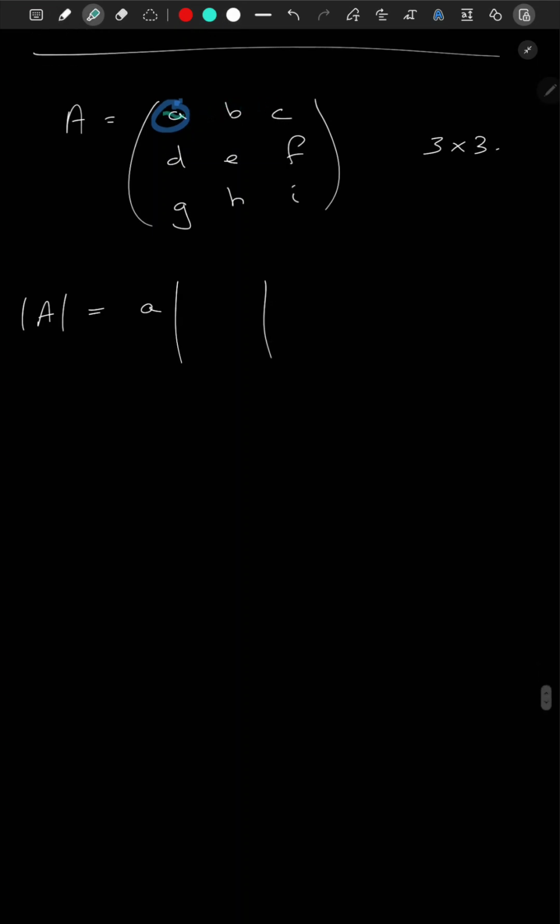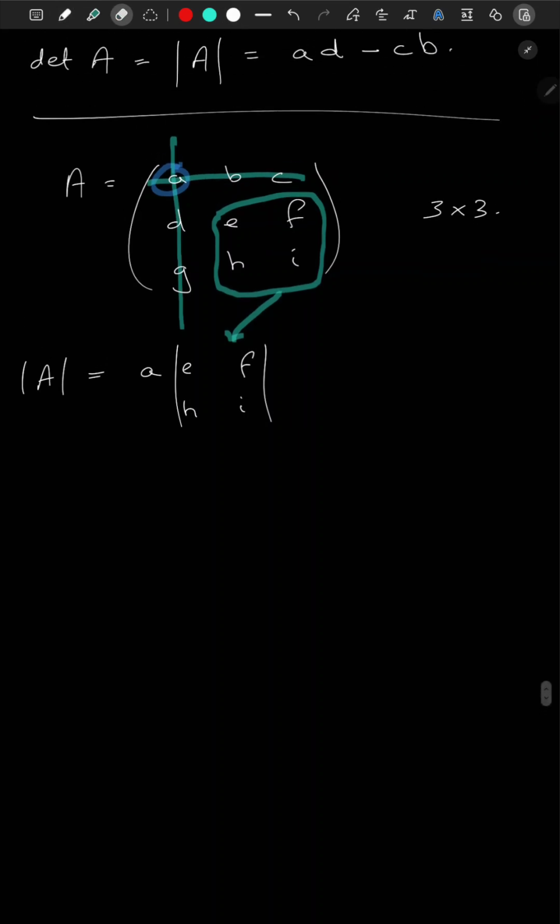Now we have to eliminate the row and column of A. So these are eliminated, and we are left with only this. So we write it inside the first determinant. Okay, so it would be E, F, H, I. And therefore the second one now would be a minus.